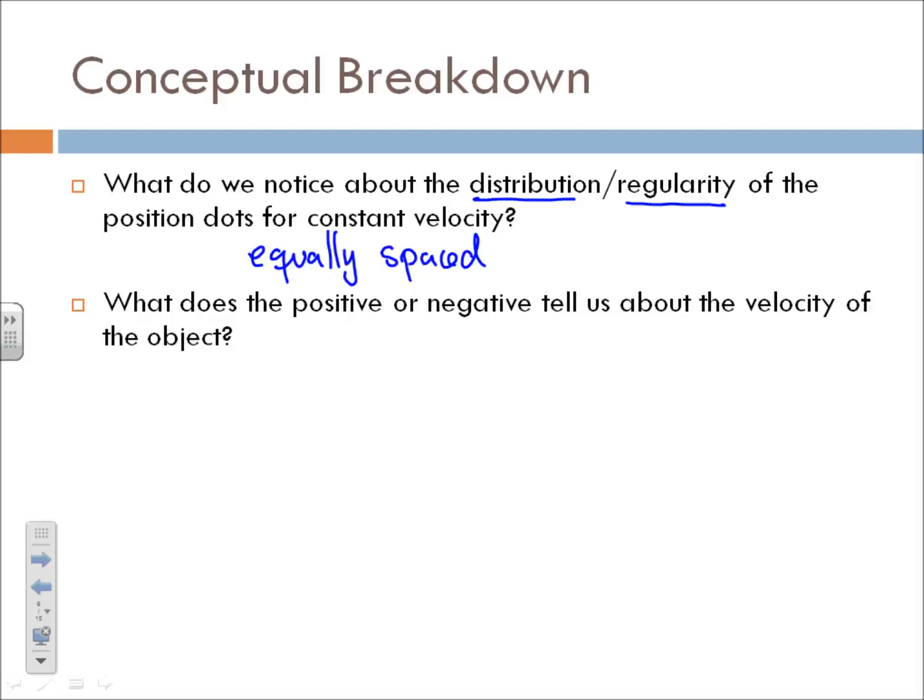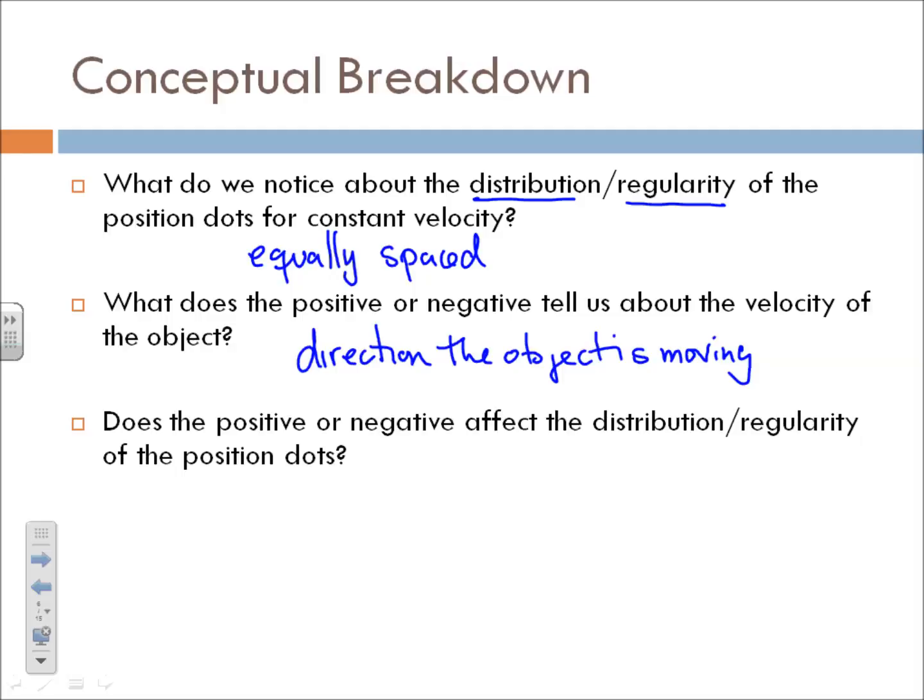So what does the positive and negative tell us about the velocity of the object? This is about the direction the object is moving. Does the positive or negative affect the distribution or the regularity? Does a positive or negative change whether or not they're equally spaced?